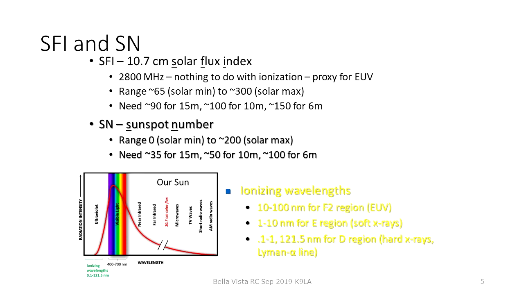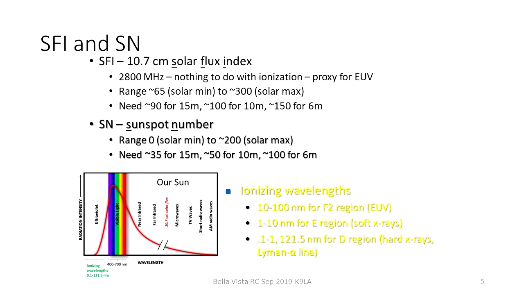It's just a proxy for the true ionizing radiation, which is extreme ultraviolet, EUV. Now, the range of the solar flux is from about 65 at solar minimum up to 300 or more when we hit a solar maximum.